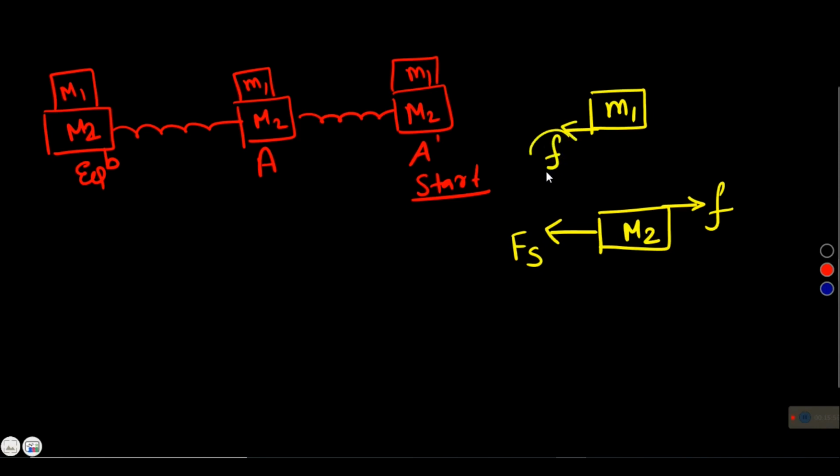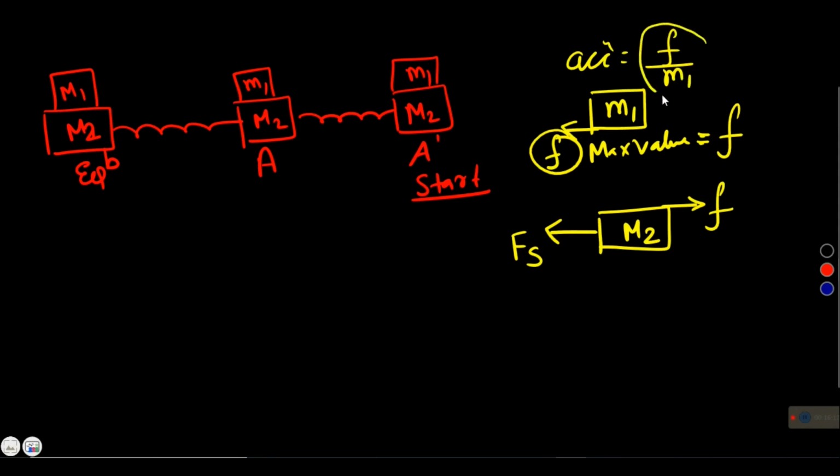And its maximum value is given, that is equal to F. So its acceleration will be F upon M1. There is no confusion in the acceleration of M1. So this is the answer for the M1 block.